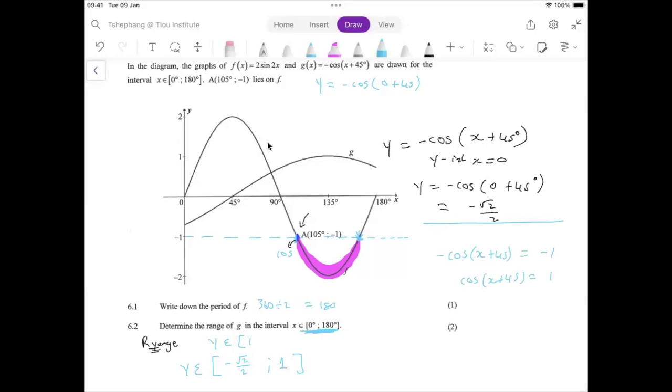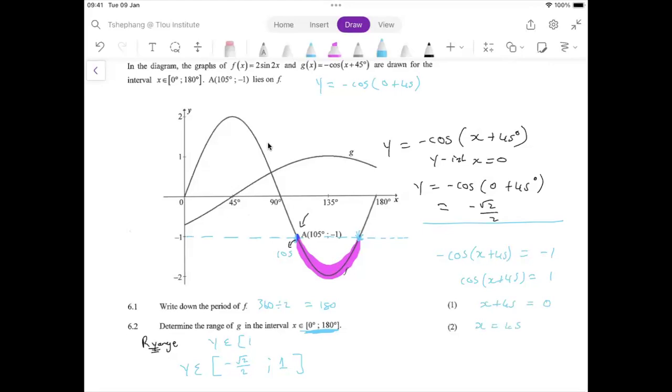Okay, now we know that, let's just quickly do it on our calculators, cos inverse of 1 will be 0. So x plus 45 is equal to 0, which means that x is equal to 45, right?